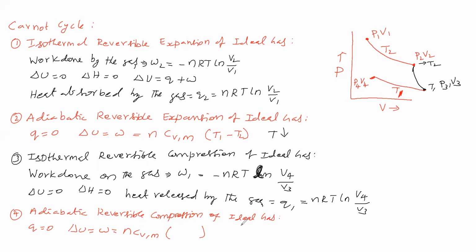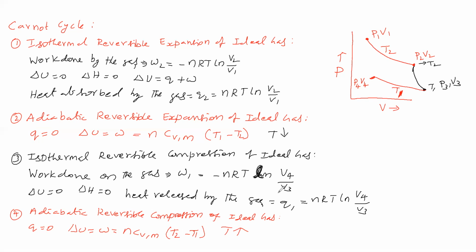So its internal energy will rise. That means its kinetic energy rises, and kinetic energy rising means temperature rises. So temperature rises to T2. Final temperature is T2, initial temperature is T1.